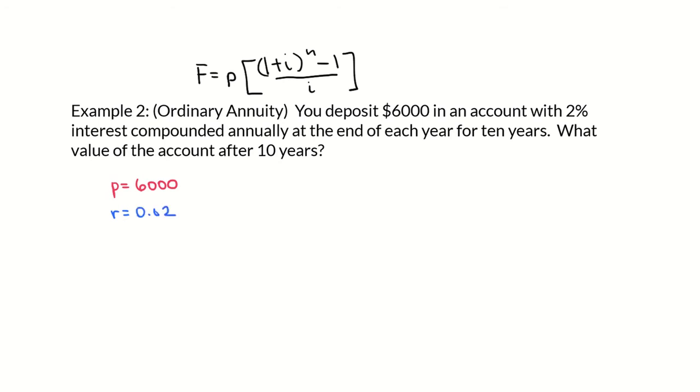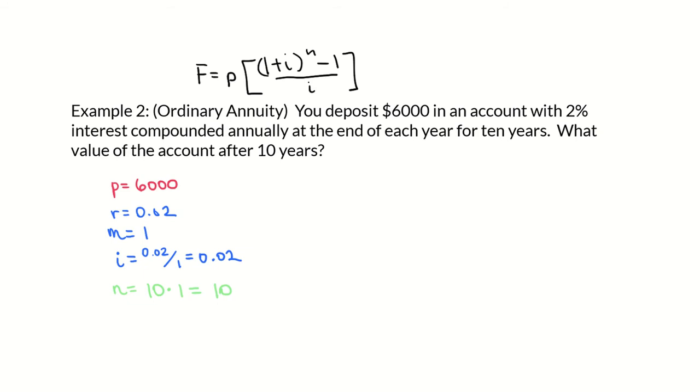And then the number of periods per year, since it's compounded annually, that value m is 1, which means that the interest rate per period is just the rate, because it would be 0.02 divided by 1, so it's just 0.02. And then the total number of compounding periods, n, is equal to the number of years multiplied by the periods per year, so 10 times 1, and there are 10 compounding periods.